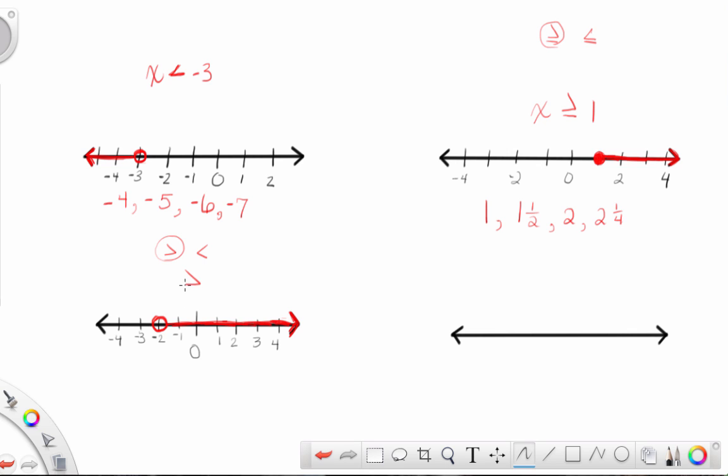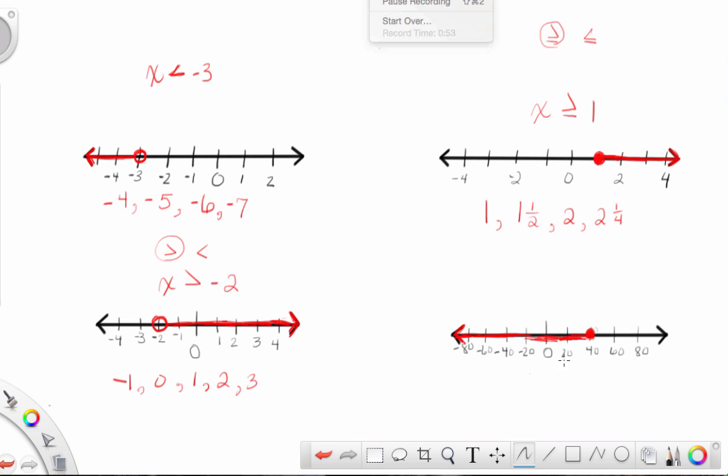So this is our sign. Our number is -2, and then we put our variable in. X is greater than -2. That means all numbers that are larger than -2, not including -2, are possible solutions. So we can have -1, 0, 1, 2, and 3, and so on.